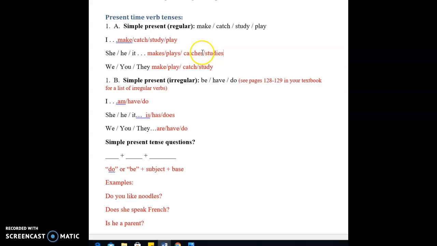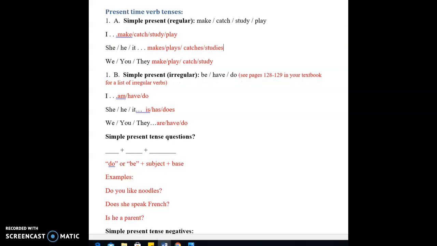Of course, the spelling here is a little bit different, but this is the S form. Catches, studies. With we, you, and they, again, it's base. We make, we play, we catch, we study. Okay? So this has to do with singular and plural.